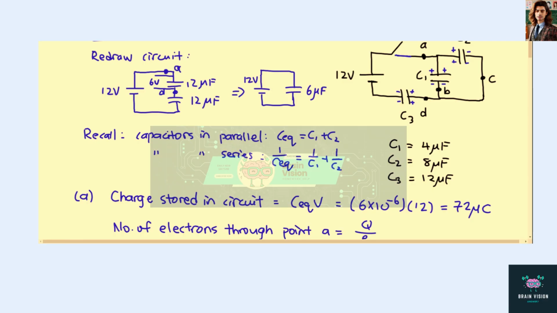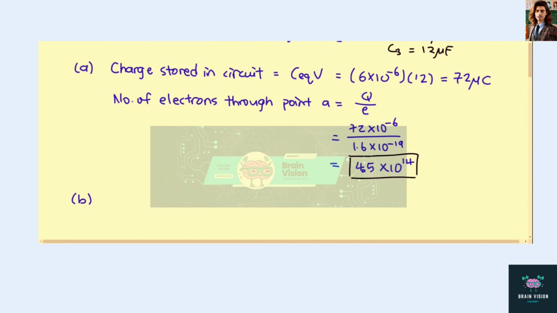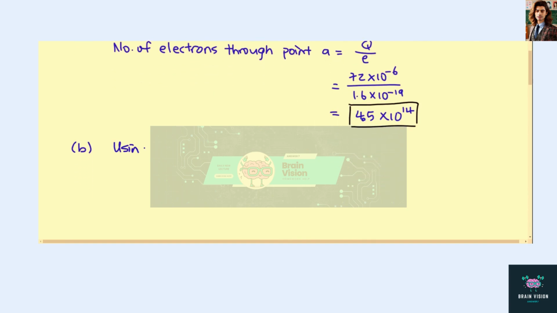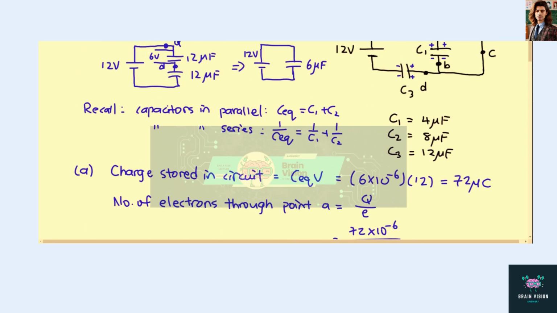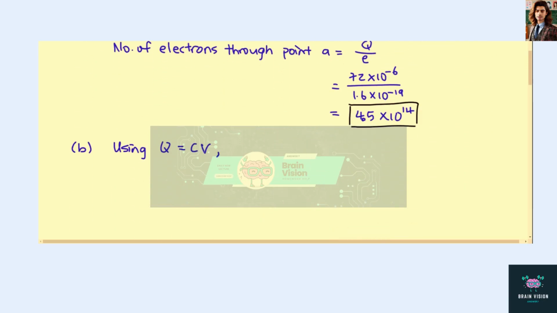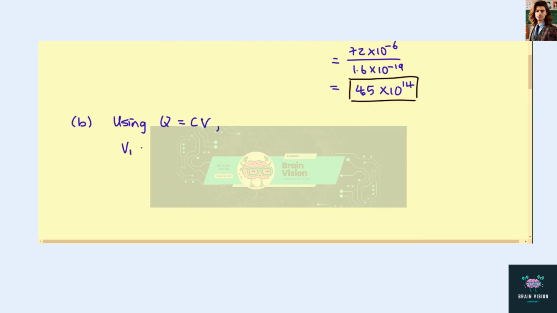Using Q equals CV, the charge through point B is C1 times V. C1 is 4 microfarad and V is 6, so you get 24 times 10 to the negative 6 coulomb.